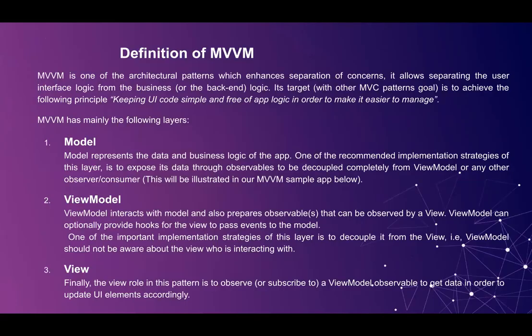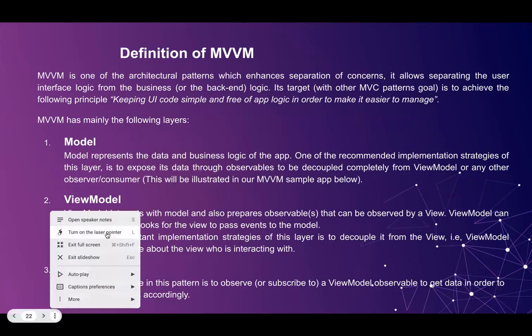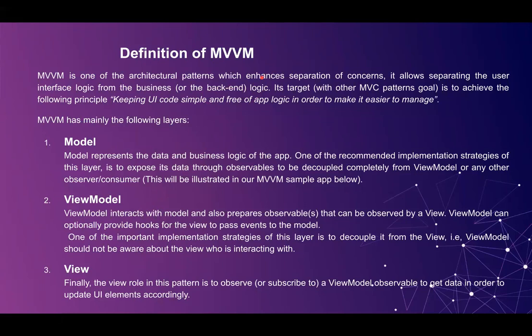Okay, so MVVM definition. As I mentioned earlier, this is an architectural pattern that enhances separation of concerns. Separation of concerns is the one most important thing with this MVVM architecture.